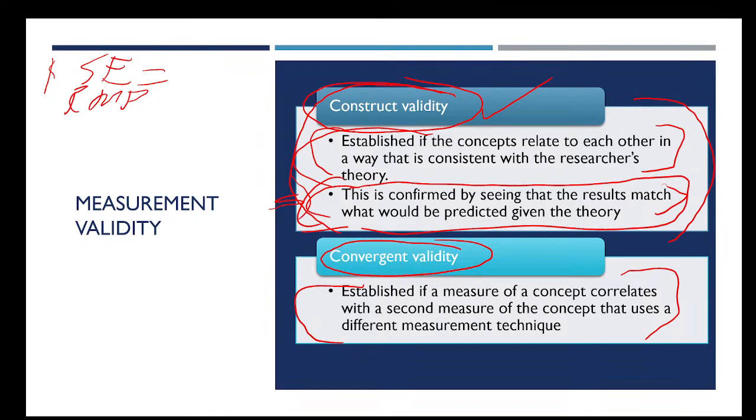But okay, let's say we go back to what students think of professors. So let's say you want to do this quantitatively. And you wanted to find out what students think of a professor, right? So you would have your student evaluations that use one measurement technique, let's say a survey.